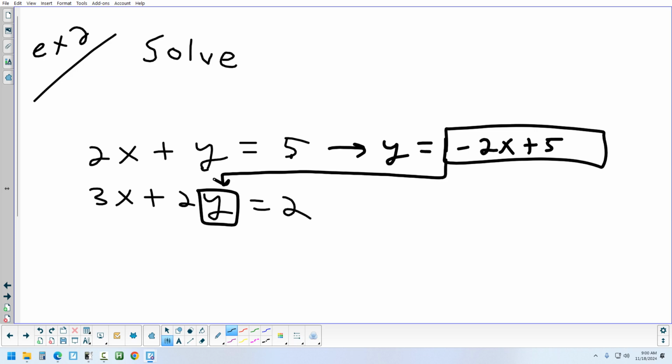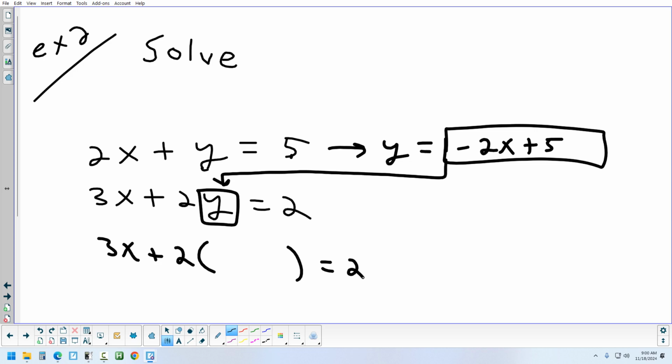Okay, whenever you substitute in something from the other equation, keep it in parentheses. Why do you think I need parentheses for what I'm about to fill in for Y? Yeah, because it's being multiplied, and you have to multiply both of these things, okay?